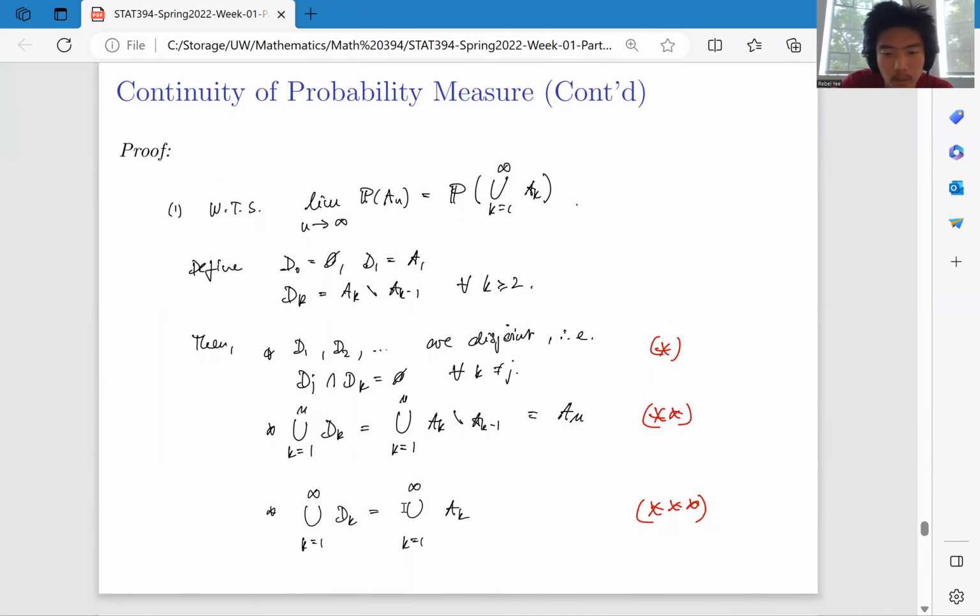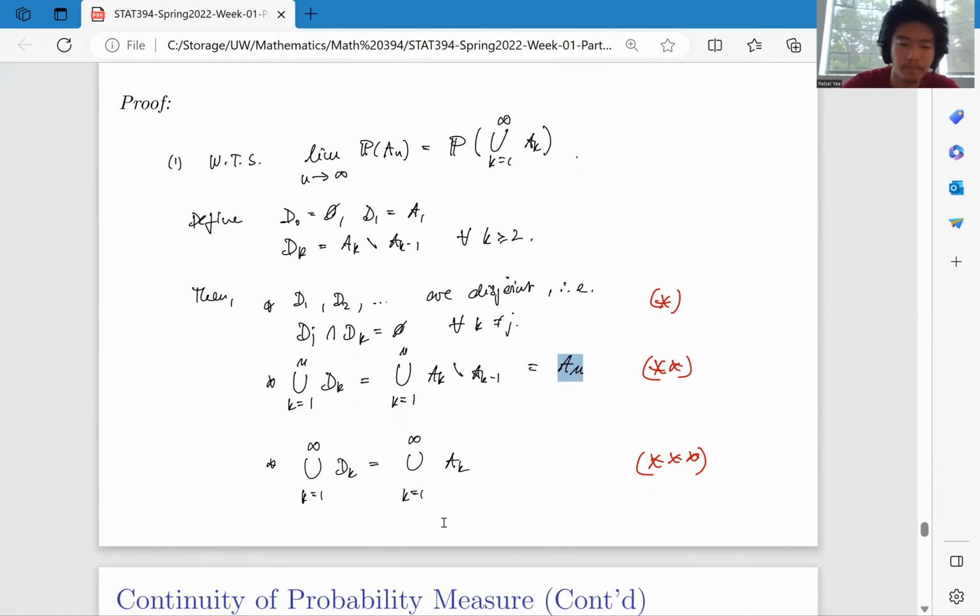And here we will show that the union of Dk from 1 to infinity is also the union set of Ak from 1 to infinity, because Dk is just a pairwise disjoint version of Ak, and their elements are exactly the same.